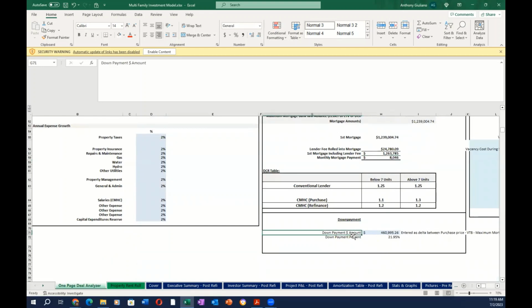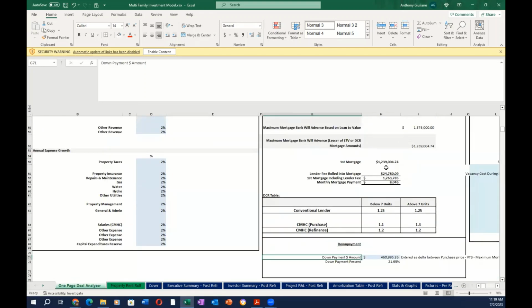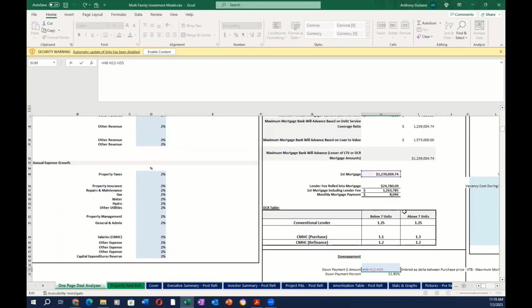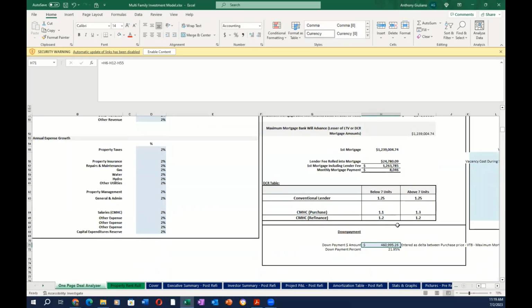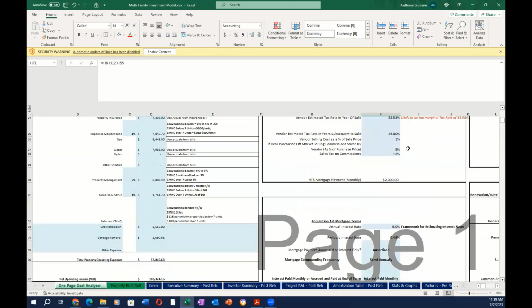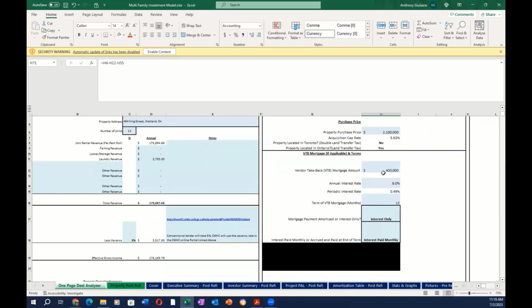And what that means is, now that I know the maximum mortgage the bank will advance on my property, I can back into what my down payment will be. So I basically know that I'm purchasing the property at $2.1 million.